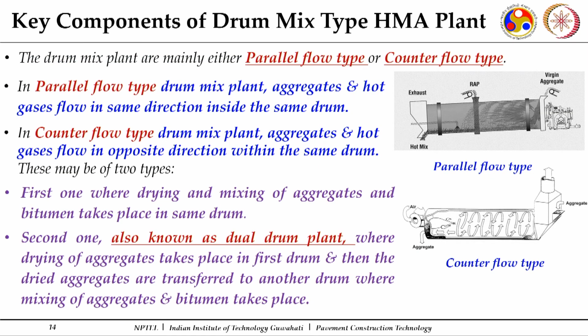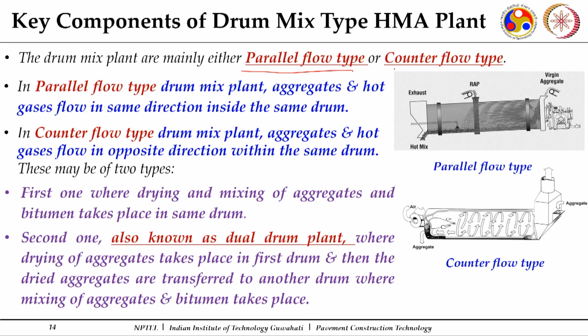Now, in this drum mix type hot mix plant, there is a further classification into two types. One is a parallel flow type and the second is a counter flow type. These are the two main classifications under the drum mix plant, and the main difference is the direction in which the aggregates are inserted relative to the direction of the flame.